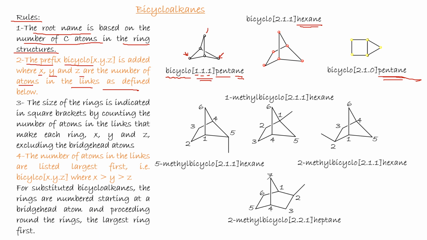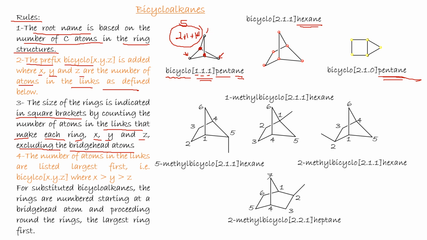The size of the rings is indicated in the square bracket by counting the number of atoms in the links that make each ring, X, Y, and Z, excluding the bridgehead atoms. So here are 1, 2 bridgehead atoms, right? This is a link of 2 atoms. We said 2 plus 1 plus 1 plus 1 makes 5.